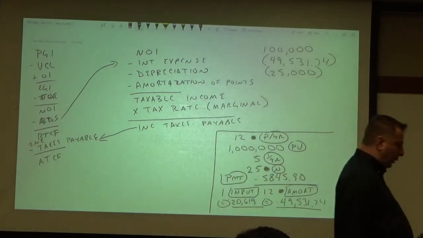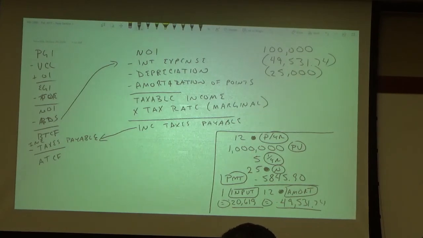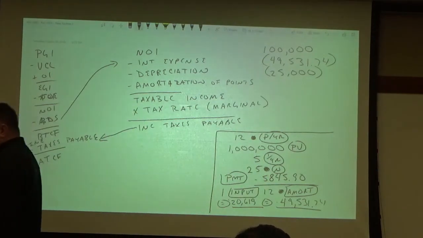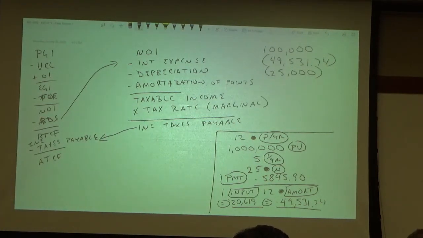Whenever you obtain a loan, one of the things you may pay are loan origination fees. They can also be called discount points, loan points, a lot of different terms. But the reality is, it's a fee that you pay upfront to obtain a mortgage loan. Those are tax deductible, but they are deductible over the life of the loan.